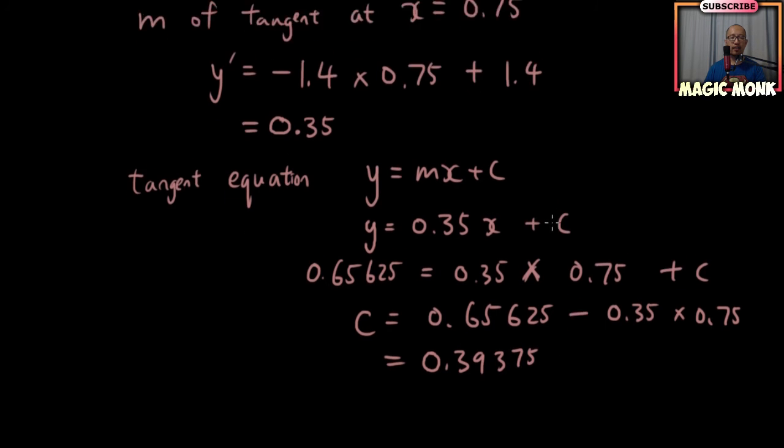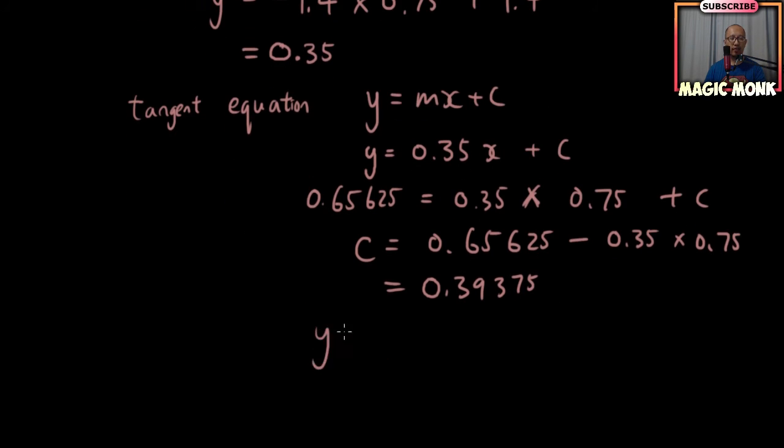So that is the equation of the tangent line: y equals 0.35x plus 0.39375.